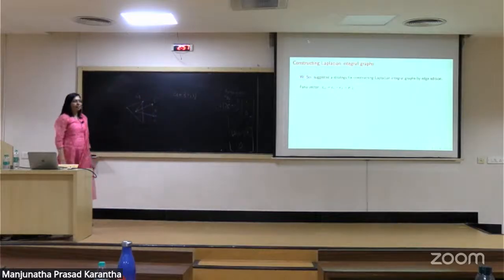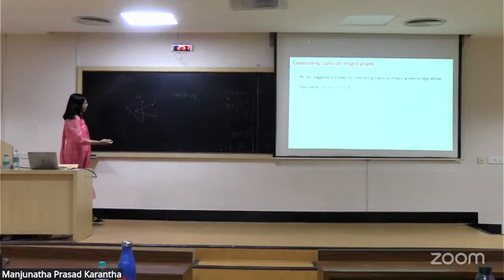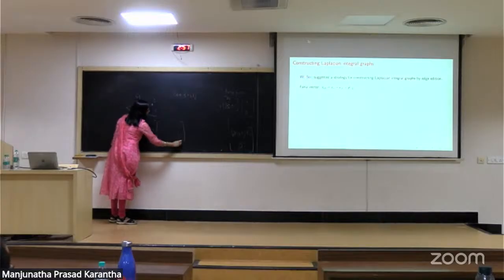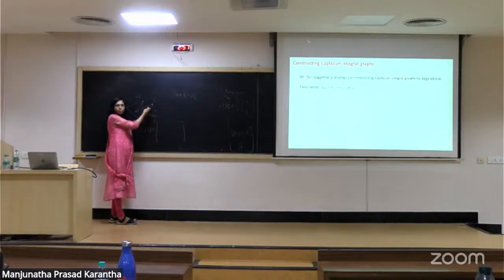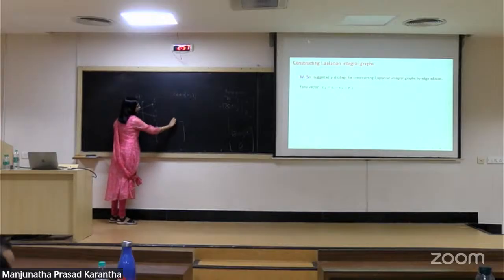So what will be the change in the matrix? The only change I'm making is here. I look at the i-th row and j-th row, the i-th column and j-th column.